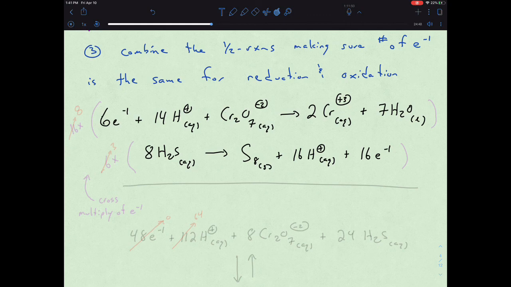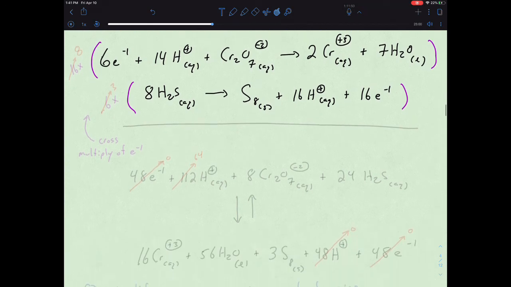So here's where we need to do the cross multiplication step. We really need to multiply the top by 16 and the bottom by 6. And so that's our cross multiplication idea, with the actual electrons.